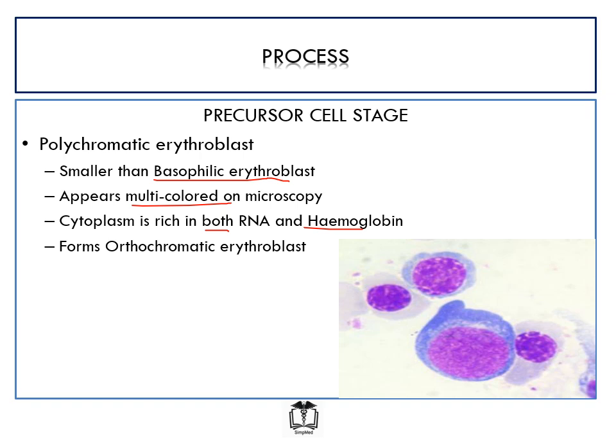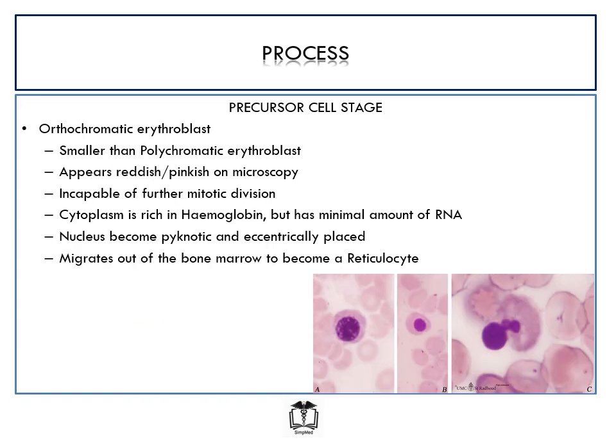Polychromatic erythroblasts tend to undergo cell division and differentiation to form the fourth cell under the precursor cell stage of erythropoiesis, known as orthochromatic erythroblast, and we'll talk about that in a minute. Orthochromatic erythroblast is the fourth precursor cell in the stage of erythropoiesis, and unlike the polychromatic, it is smaller in size.